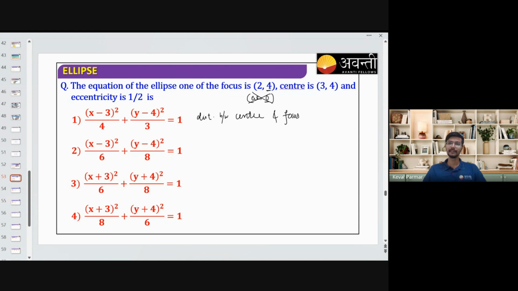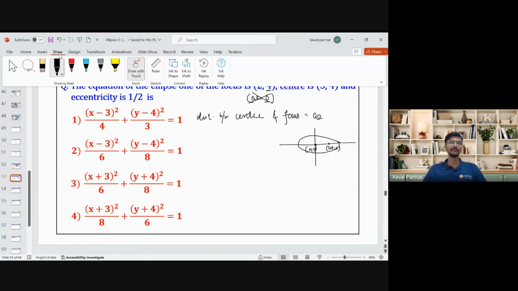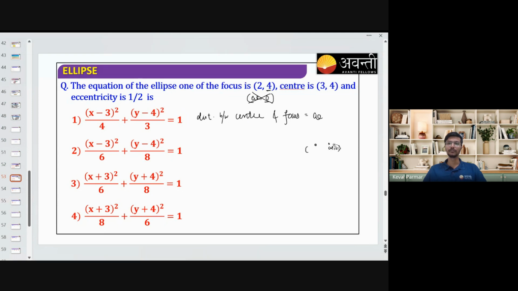What is the distance between center and focus? It is ae. I hope you remember. This is an ellipse. This is the center, and here is the focus. So focus is (ae, 0) and center is (0, 0). So the distance is ae. So distance between center and focus.